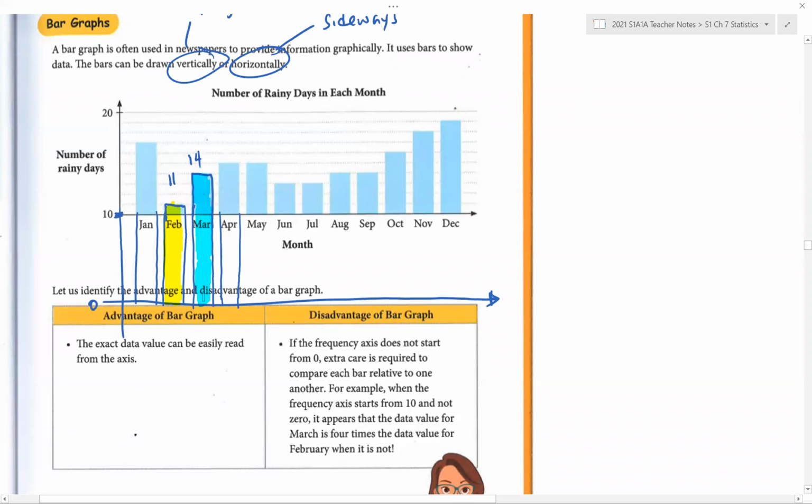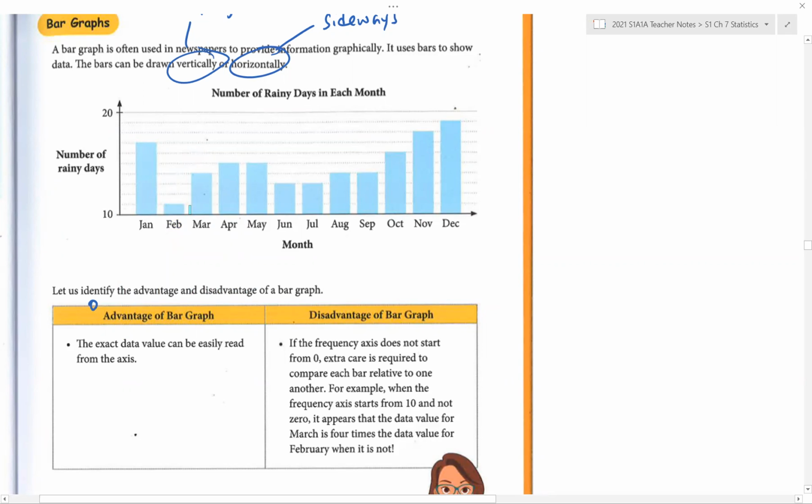Now, does it look more correct? The yellow color has 11 days, whereas the light blue bar has 14 days. Does it look more reasonable now? It is just 3 more days. And it's just a little bit taller as compared to what you have in your textbook, where they exaggerated the difference.